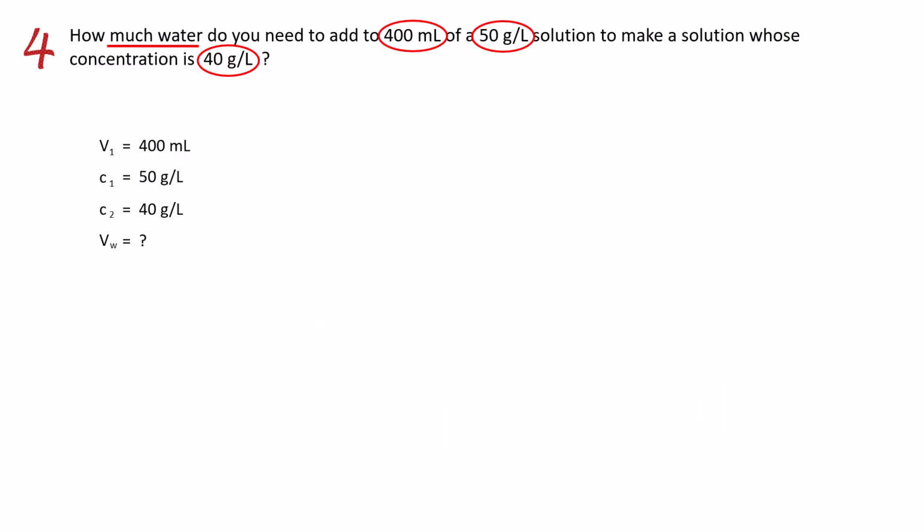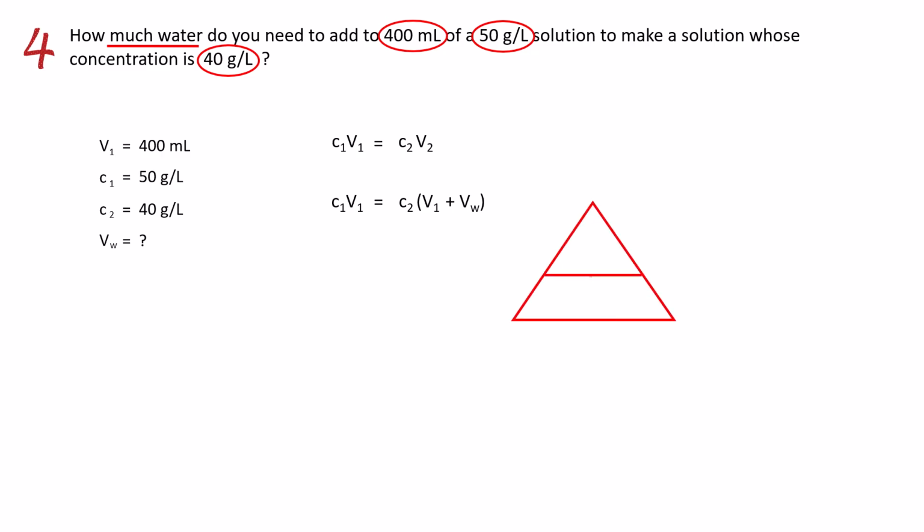Then we write the original formula and substitute V1 plus VW for V2. We can use the triangle hack if we need help in isolating the unknown VW.